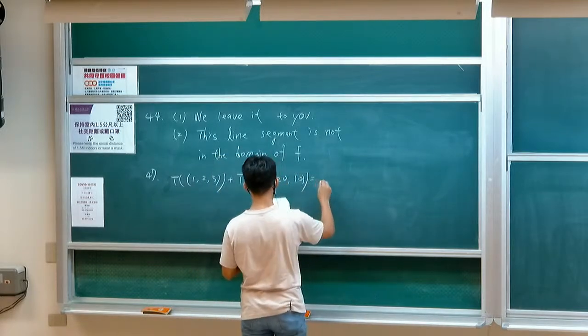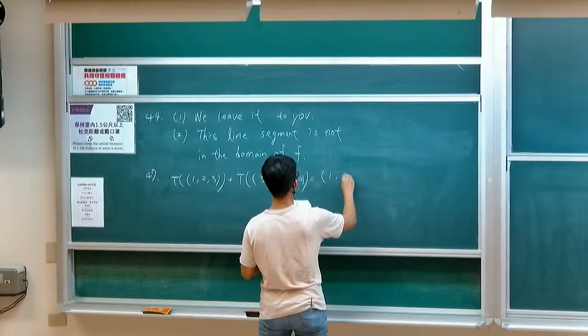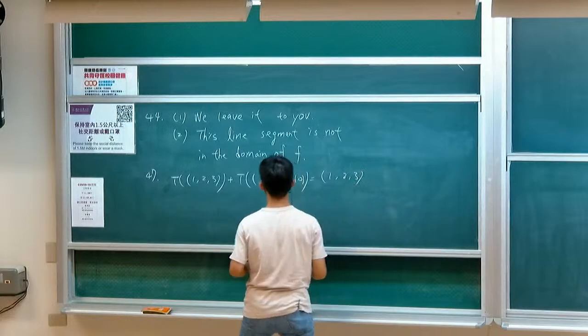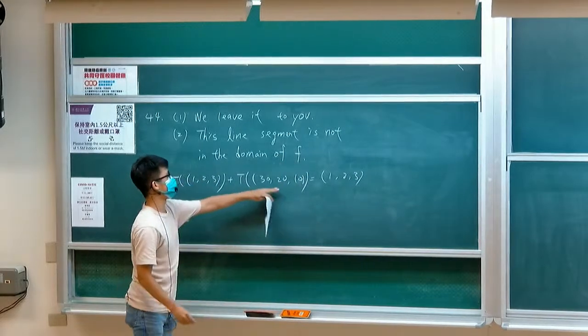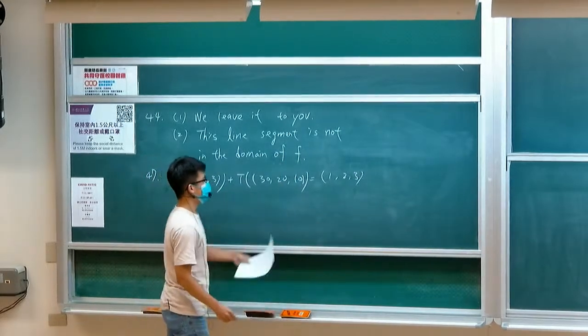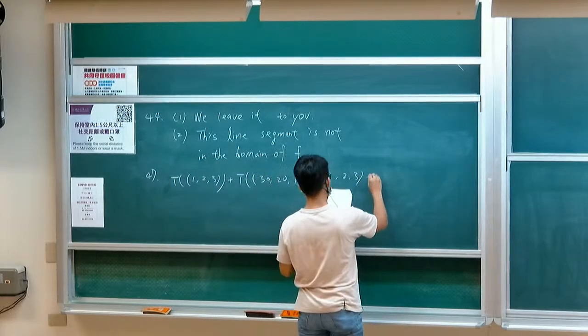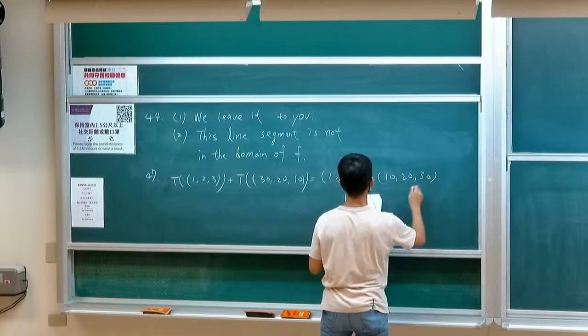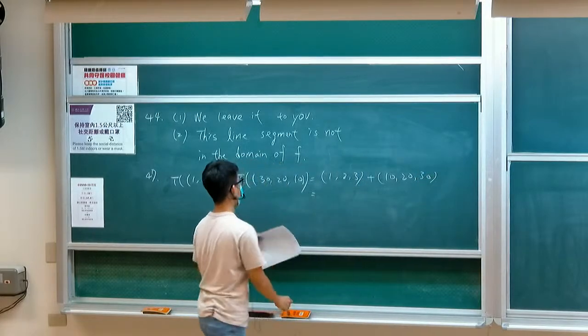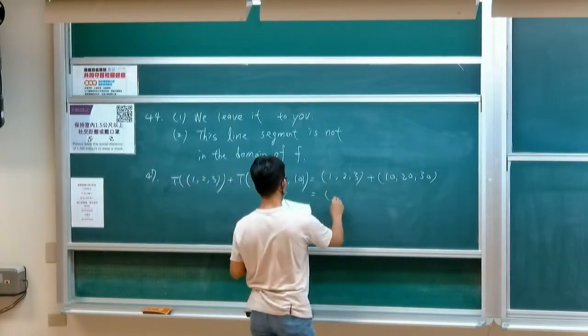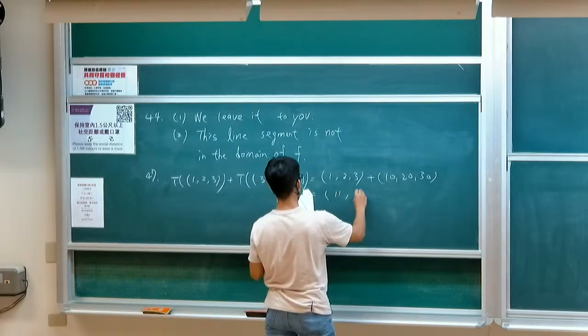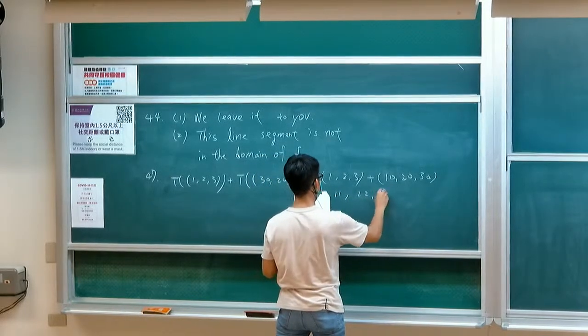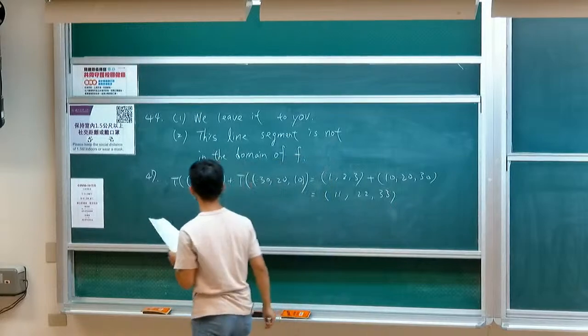Then we can see that after reordering the elements of these column vectors, it gives us the addition of these two vectors, which is (11, 22, 33).